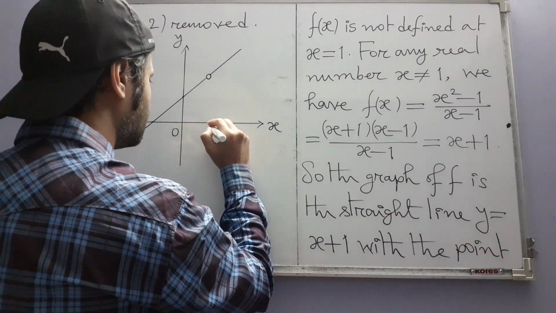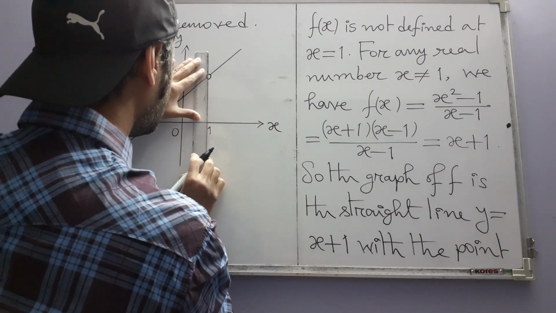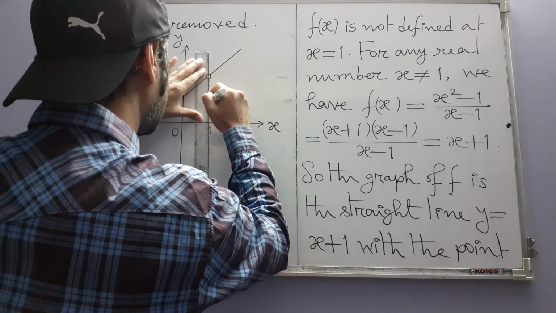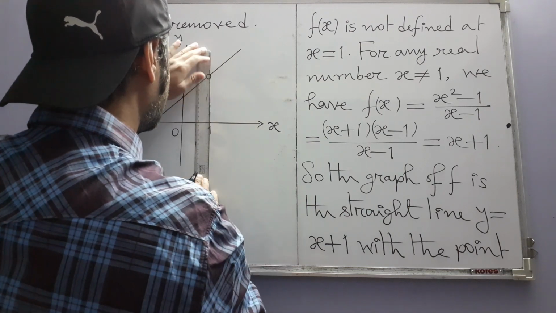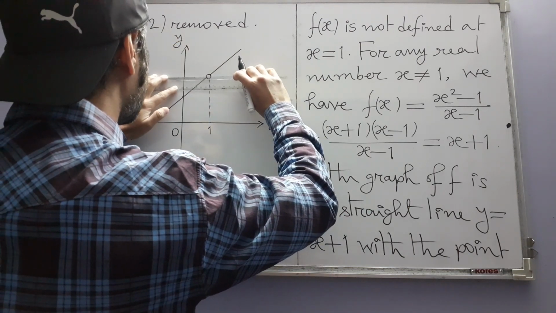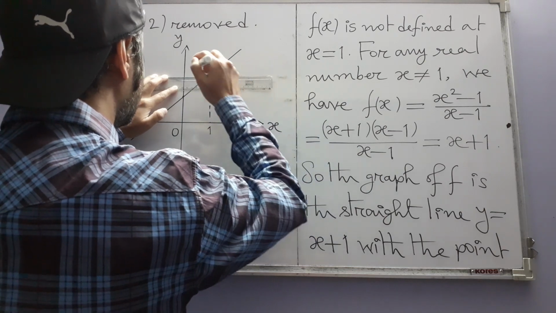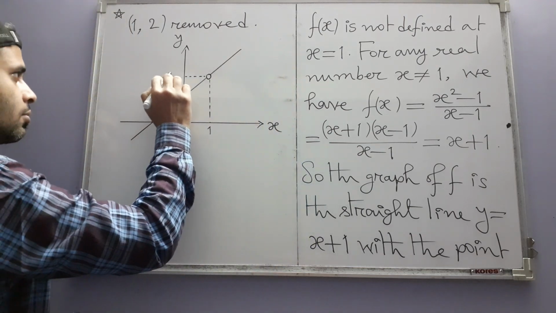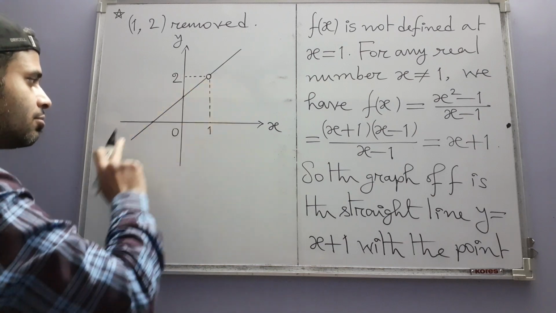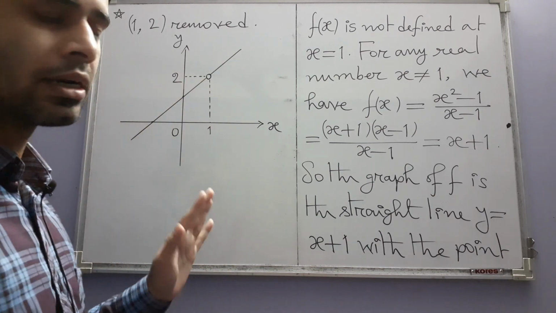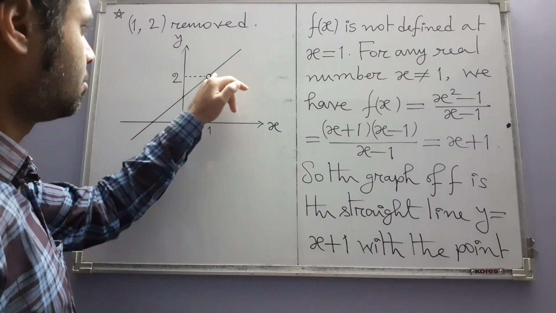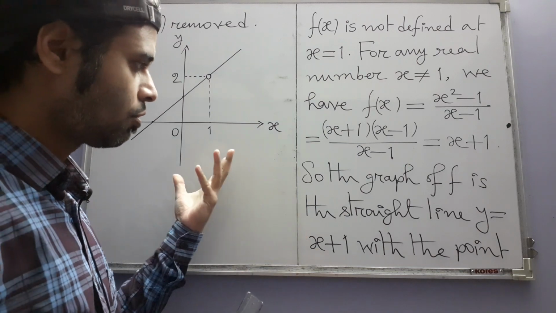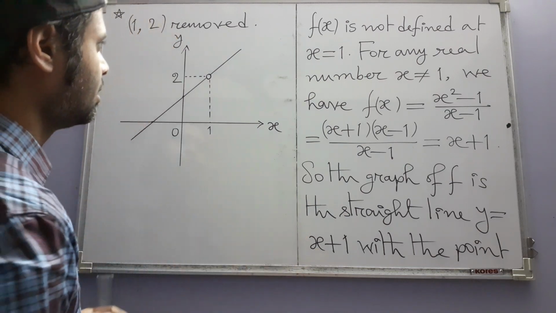So this is our 1, and this y value is our 2. Now with this point removed, this line, or rather I should not say a single line, but these two lines combined, they give us the graph of f.